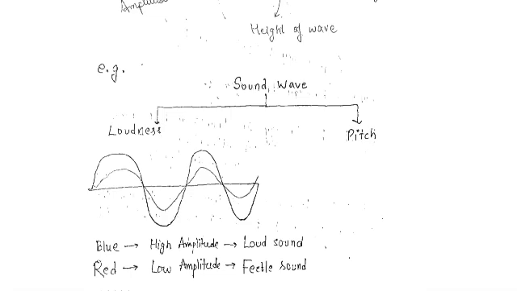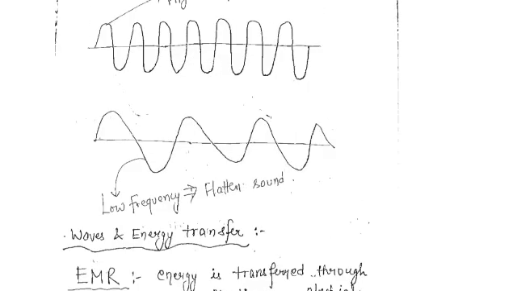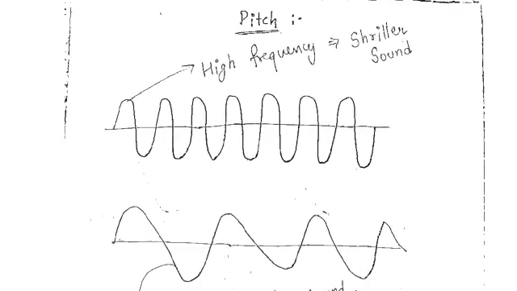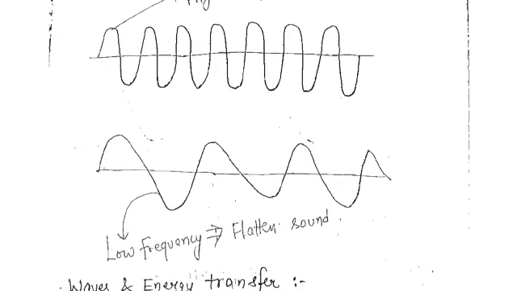Now let's talk about the pitch of sound waves. Do you know what pitch is? If not, let's see over here. This is a high frequency sound, meaning per second the oscillation is changing per unit of time.